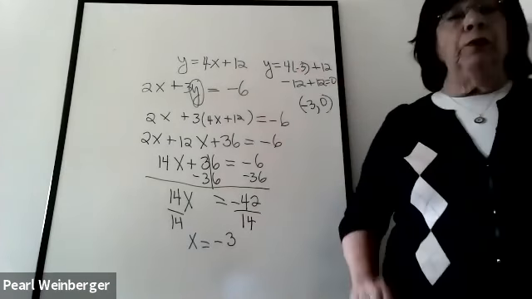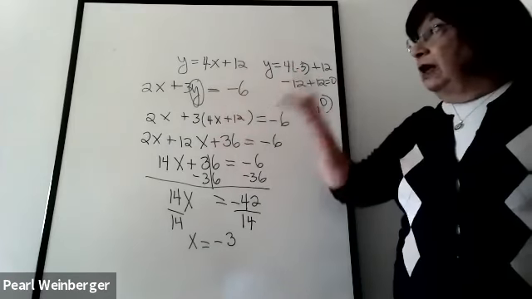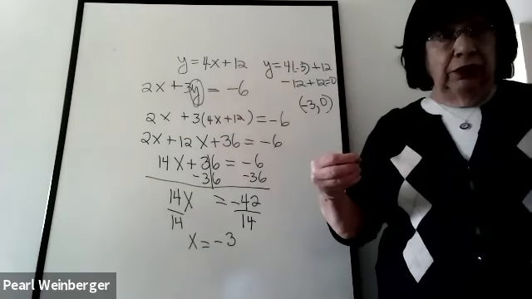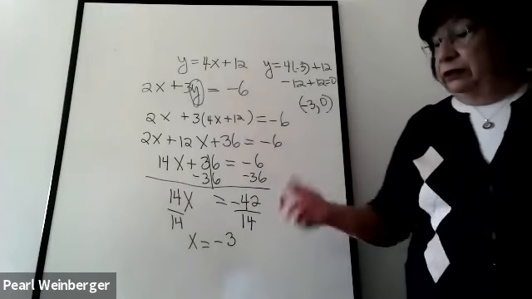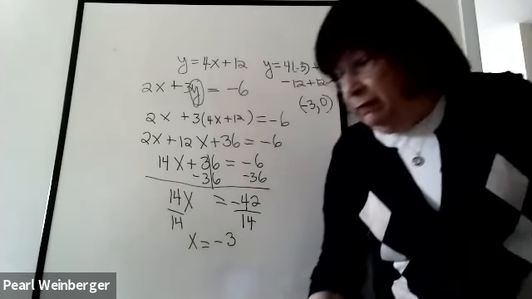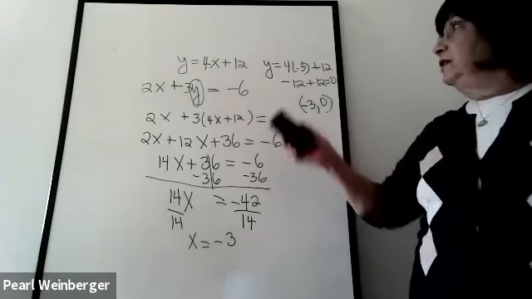Okay, I'm going to go back, erase this, and redo this, showing you that you could have actually used the addition method, the elimination method, to solve this as well.